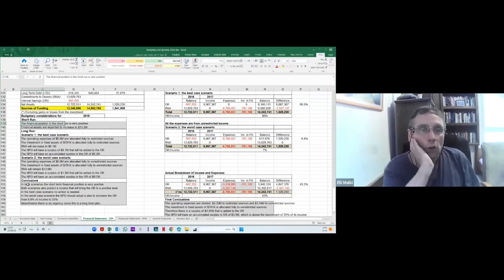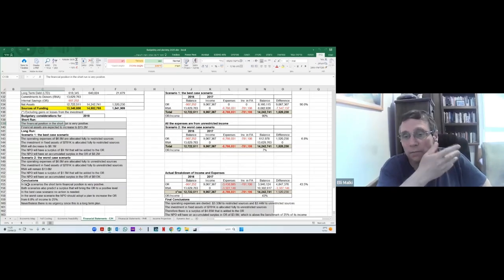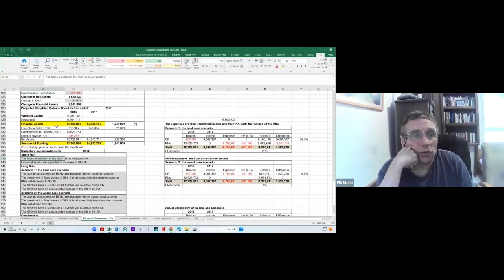Okay, so in the short run, the scenarios are not relevant because the short run is determined by the financial assets, and based on this projection, we already can tell that the financial assets, not only that they will be positive and large, they will be even larger than the previous year.